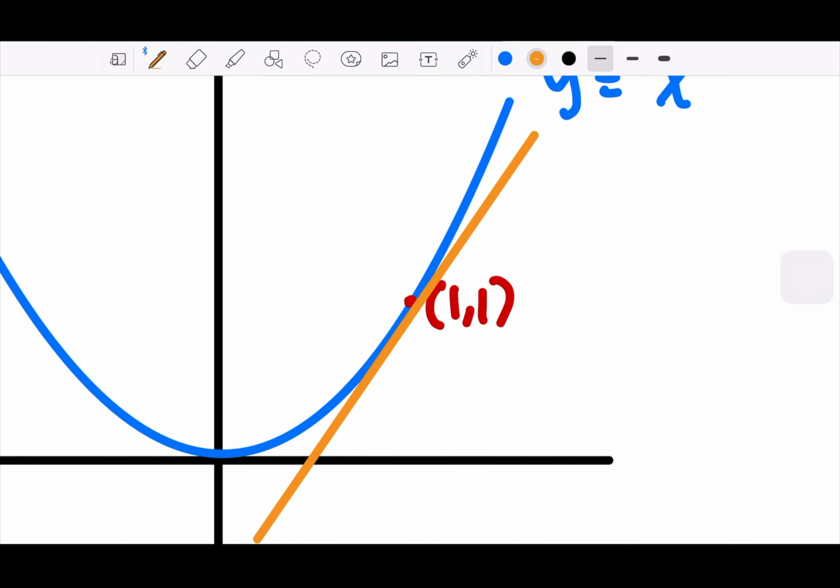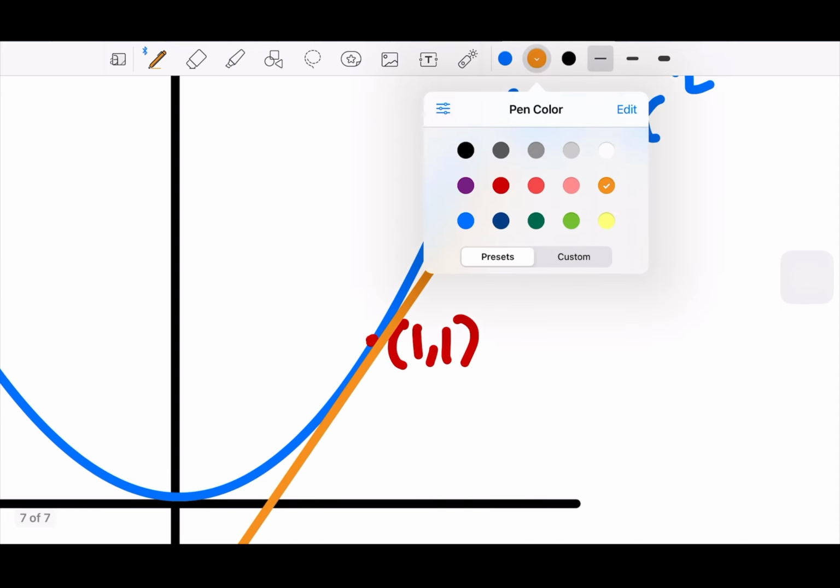Now, before we learn how to find the tangent using the limit, derivative, and so on, let's try the traditional way. First, we need an additional point.